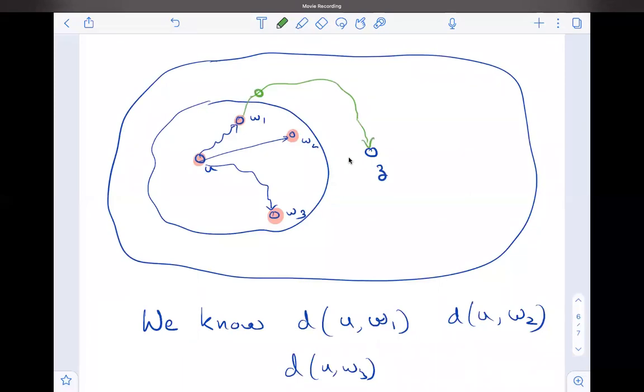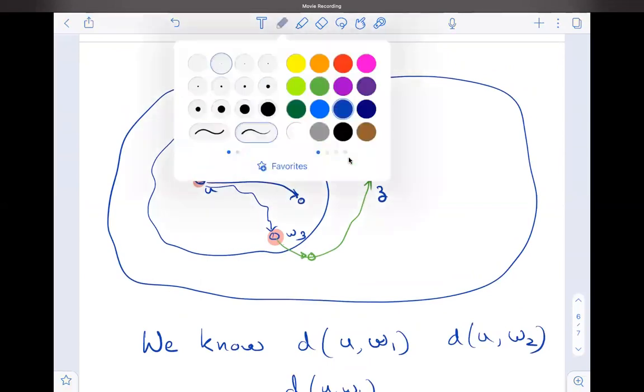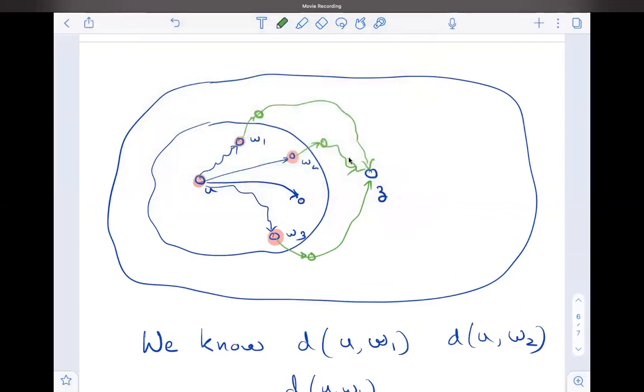You go from U through W1 to this vertex, or from W2 you have another path, or from W3 you have another path. In all of the paths, it jumps over and comes to some new place, maybe some other vertex. So there is a vertex here. There is a direct path from this set, right?